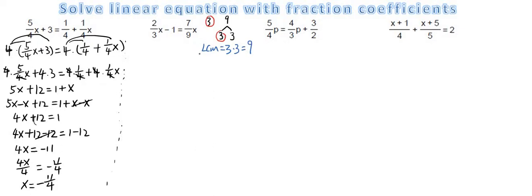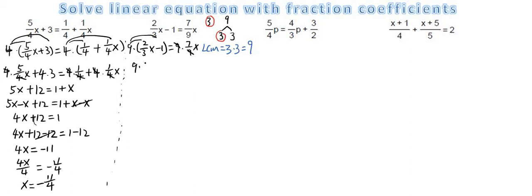Okay, very good. So we find the least common multiple, that is 9. We let 9 times both sides. Now for the left hand side, we're gonna do the distribution, and for the right hand side we can cancel out.